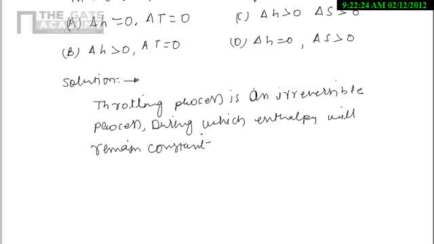Means we can say that throttling is a process in which there is no change in enthalpy, but it is an irreversible process. So whenever the process is irreversible, the change in entropy will be positive, meaning greater than 0. So if we see the options, option D will be correct, because in option D, change in enthalpy is 0, but change in entropy is greater than 0. So the correct answer for this problem is D.